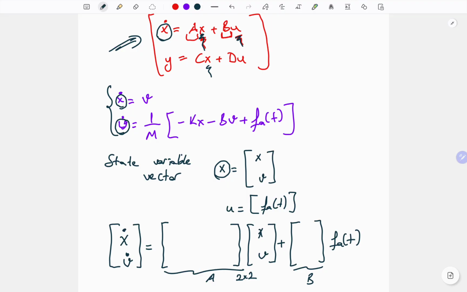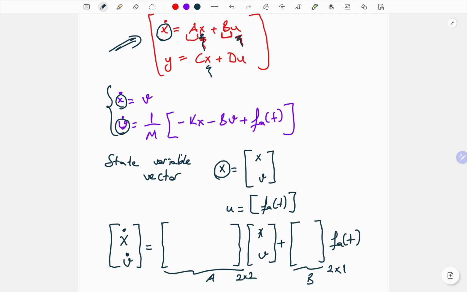What about B? For B, the rows will be the number of state variables, and the number of columns can be decided according to the number of inputs. We have one input, so we have a 2 by 1 matrix for B.